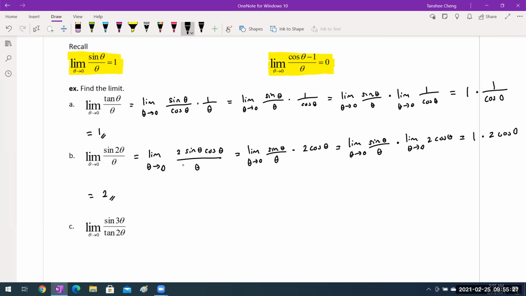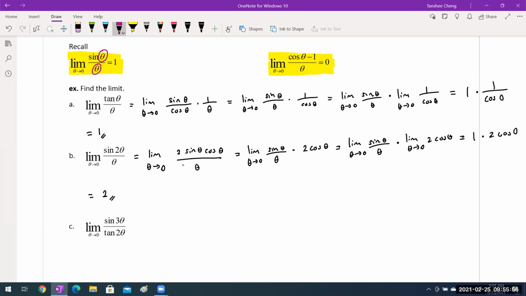Notice that for the limit as theta approaches 0 of sine theta over theta, the key thing is the arguments in the sine and the denominator are the same. As long as we can get it in that format, it doesn't matter if it's 3 sine theta, 2 sine theta, and so on, we will be able to work this out a lot easier.